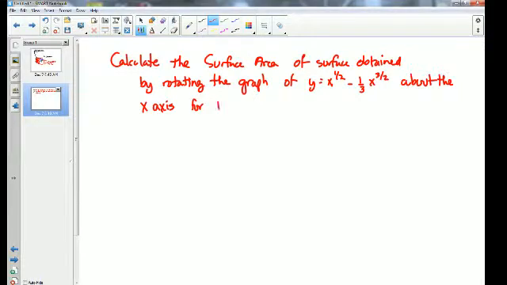Notice it's about the x-axis. I don't ever remember seeing it different than that, but if it is, you just subtract out that rotation line, just like volumes of revolution. So, again, I always write the formula out for memorization purposes.